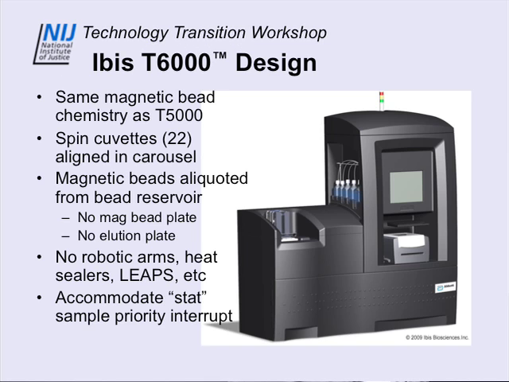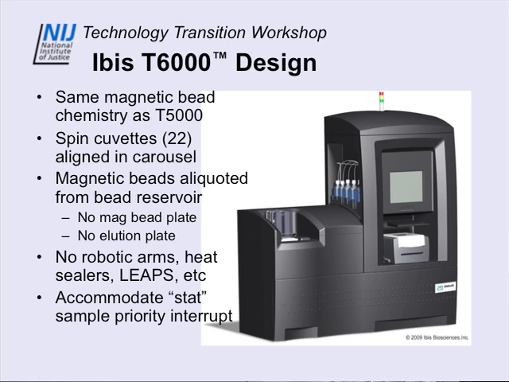This is what it looks like. It's got a touch screen for operation. It's got reagent vials over here that are illuminated from the bottom with LEDs, so you can just glance at it and see if your liquid levels are okay. Samples go here on a stacker. You can put 15 plates at a time. There's a position for a stat sample.